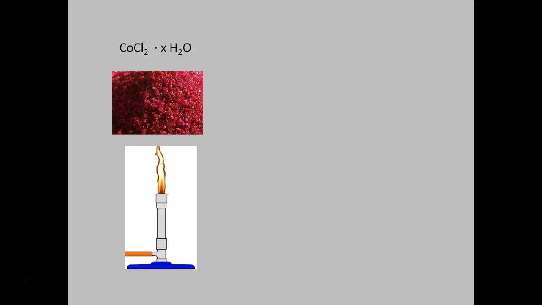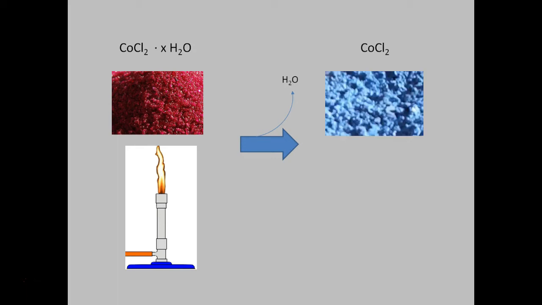If I were to take that and heat it in a Bunsen burner or some other way, to a temperature near the boiling point of water, this would allow me to evaporate off the water. And if we evaporated off the water, then I would be left with the anhydrous salt.